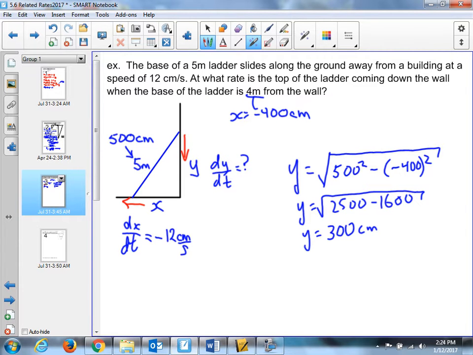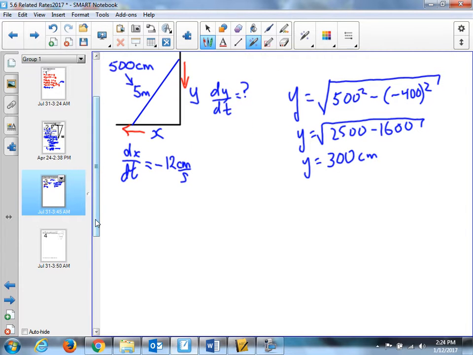And we have an equation, x squared plus y squared equals 500 squared. We can work with that and do calculus. With respect to time, if we differentiate, that's what we're going to do.